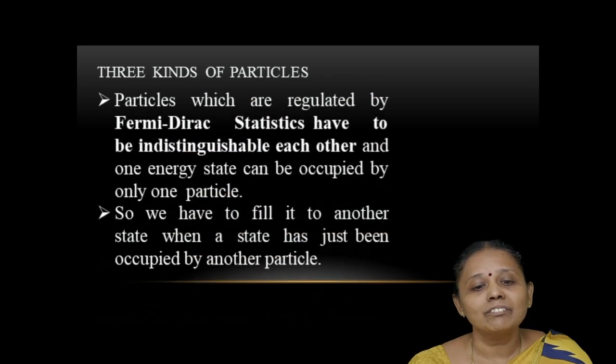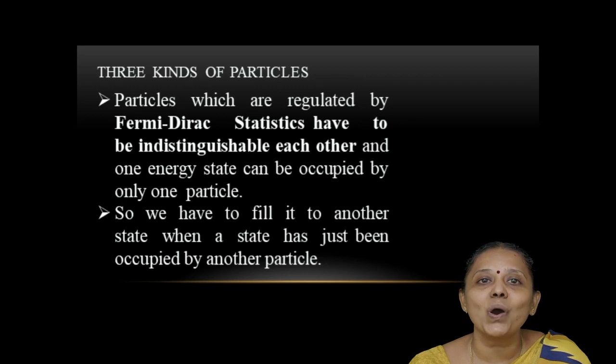Next comes Fermi-Dirac statistics. Here also the particles are indistinguishable from each other, but one energy state could be occupied by only one particle. So we have to fill another state when a state has just been occupied by another particle.